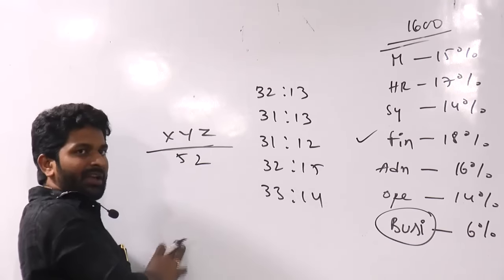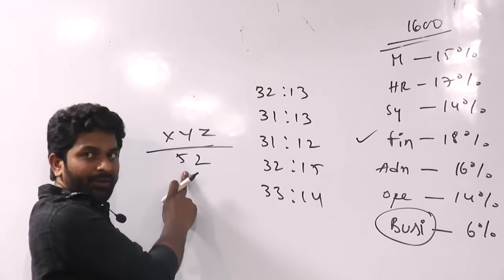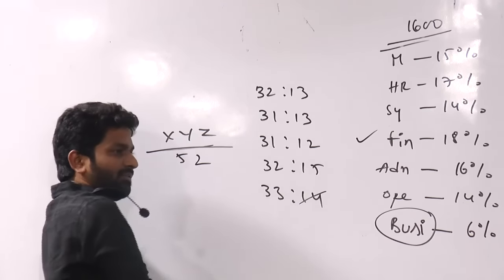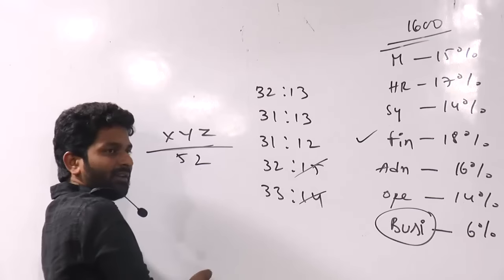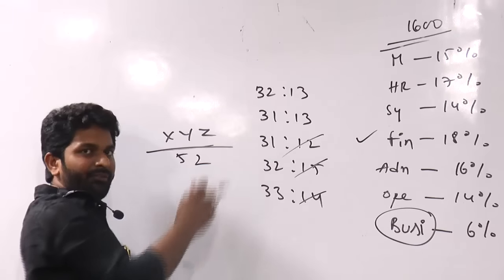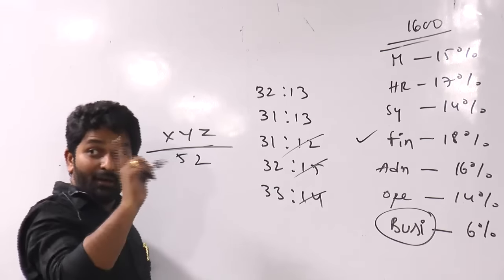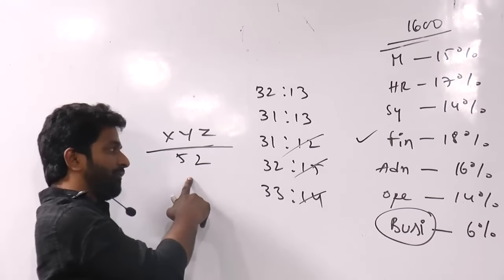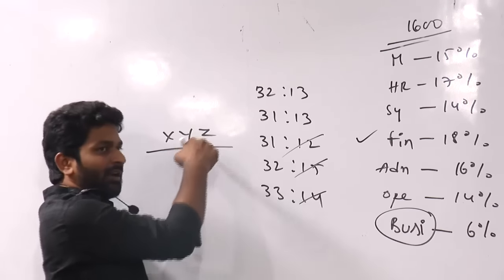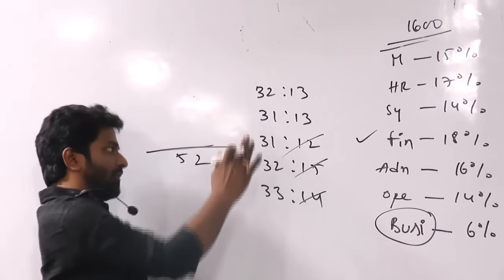After that, you need to go for cancellation. Your denominator should be factor of 52. 14 is not factor. 15 is not factor. 12 is not factor. 13 is the only number which is factor for 52. So answer must be one of these two. Like that, if you have only one number which is a factor of 52, need not calculate this numerator also. As we have two options, you are forced to do it.